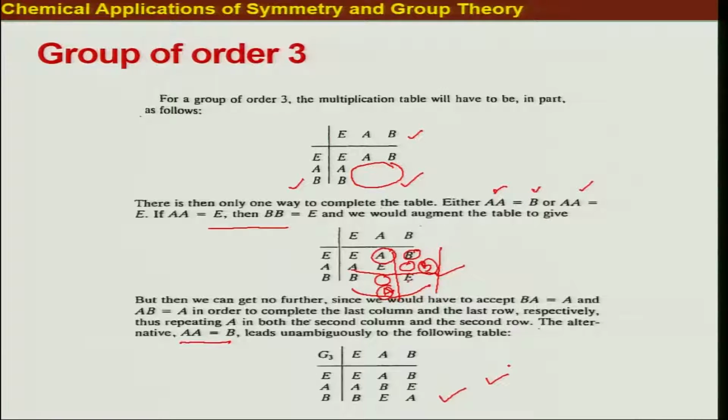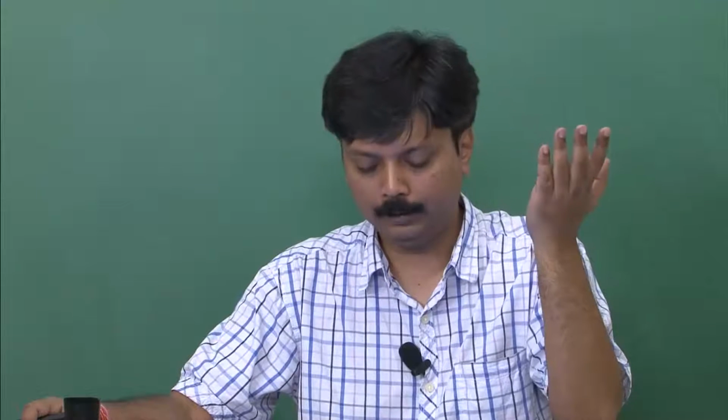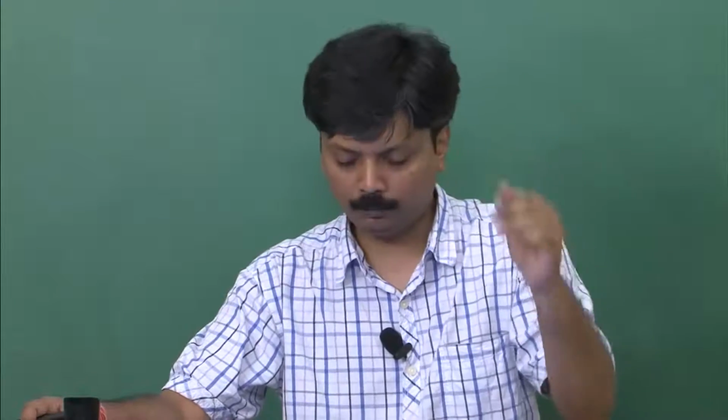So this is a unique way to find the group multiplication table of order 3. In the same way, you can keep going to higher orders, like a group of order 4, order 5, 6 and so on.